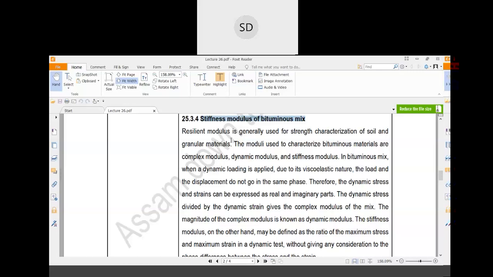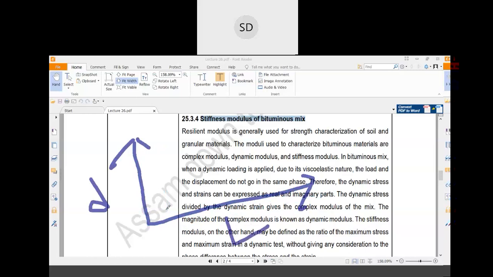So in the bituminous mix, when a dynamic load is applied, due to its viscoelastic nature, the load and the displacement do not go in the same phase. That is, if you plot one graph of varying load and displacement, that graph will not be a straight line.